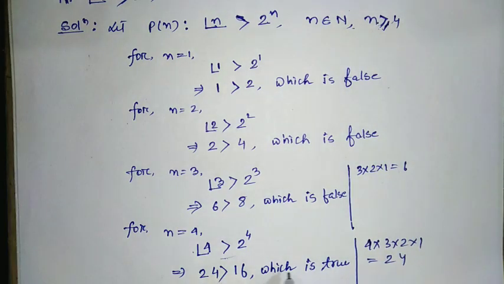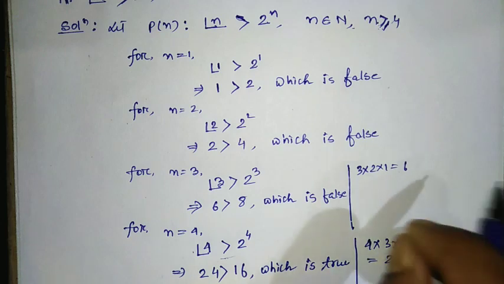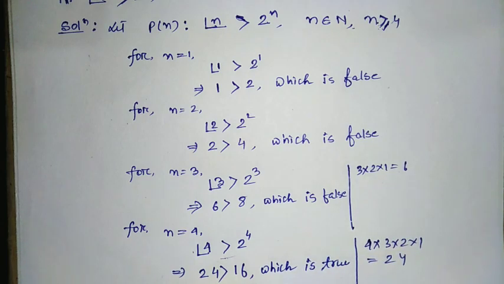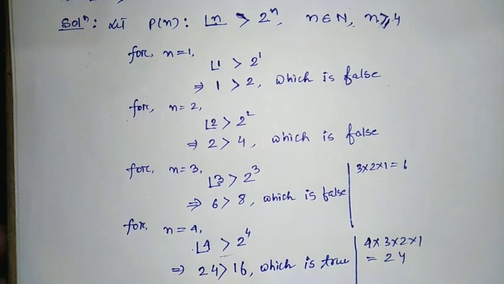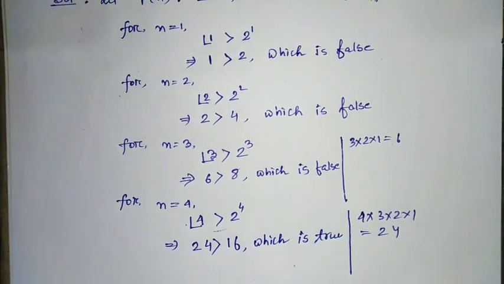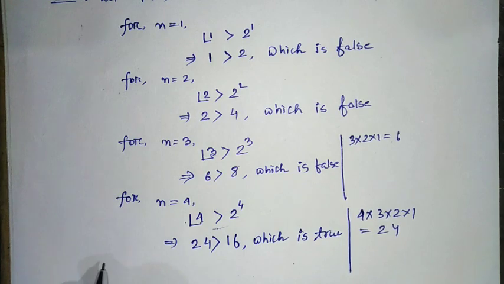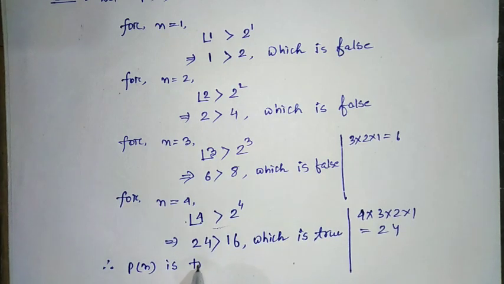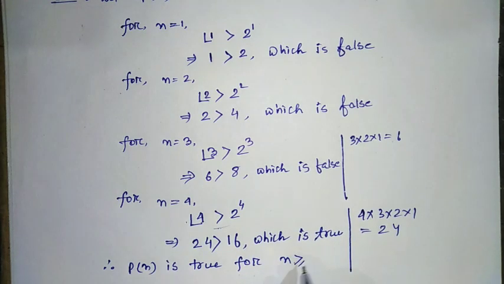So when it is true, in the next step we have to assume it is true for n equal to k. So you can write shortly: therefore Pn is true for n greater than or equal to 4.